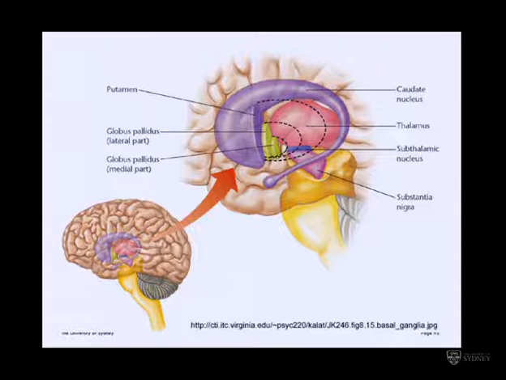And then down here in the midbrain region is the last of the basal nuclei, substantia nigra. Okay? The substantia nigra consists of two parts. One referred to as pars compacta, because the cells there are highly compacted, and the other part referred to as pars reticulata, because the cells there appear to be in a network-like structure, reticulum, right?